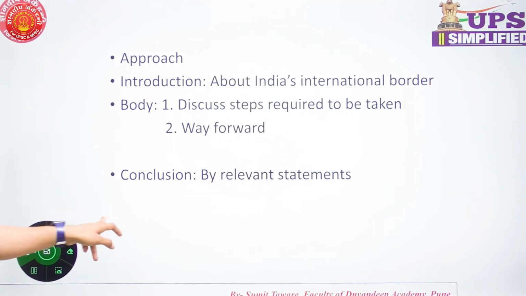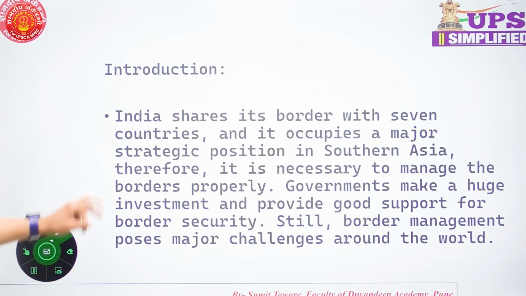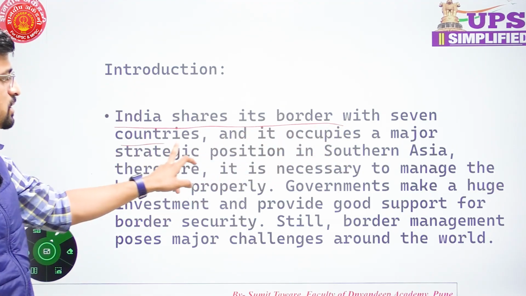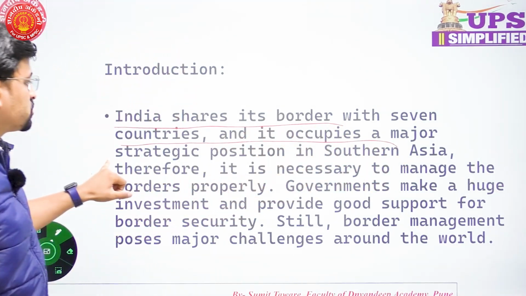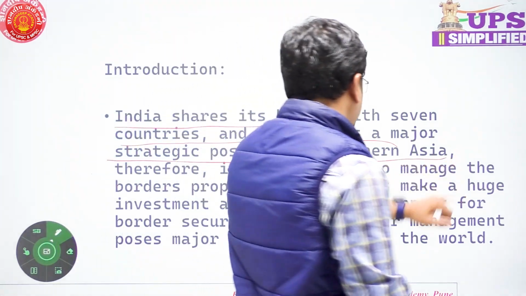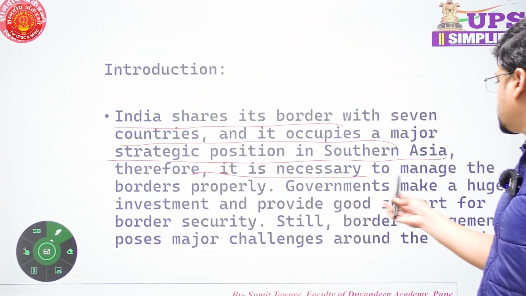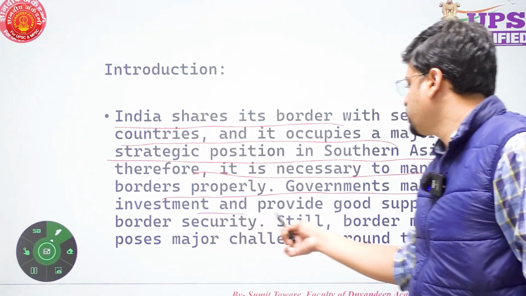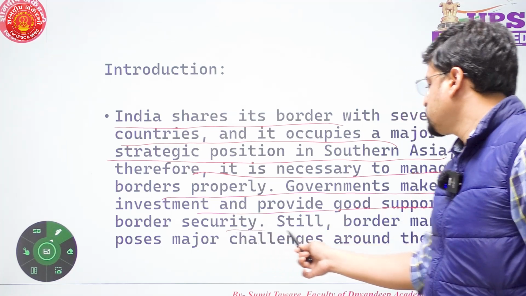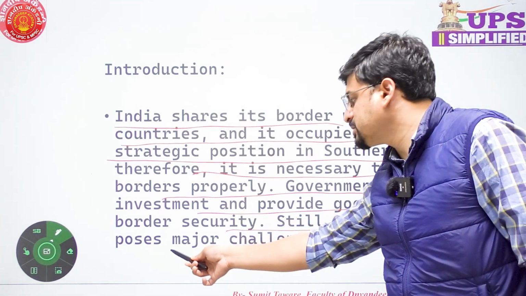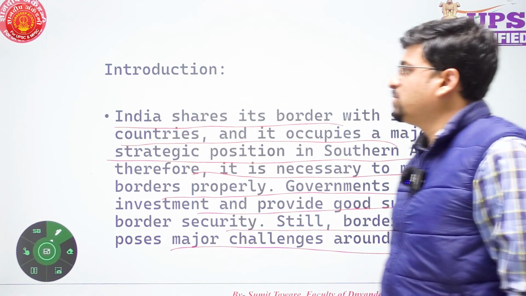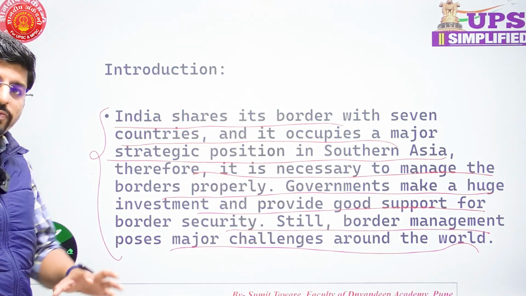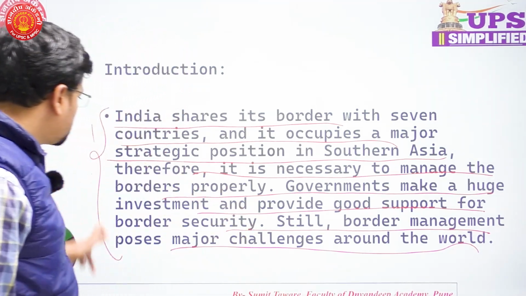So we'll see the introduction. India shares its border with 7 countries, and it occupies a major strategic position in Southern Asia. Therefore it is necessary to manage the borders properly. Governments make a huge investment and provide good support for border security. Border management poses major challenges around the world. Here I have summarized the exact position of India's border security in the current scenario.